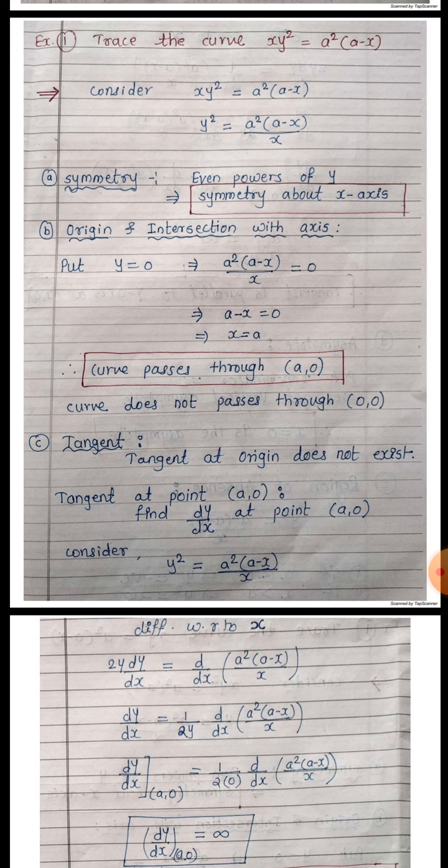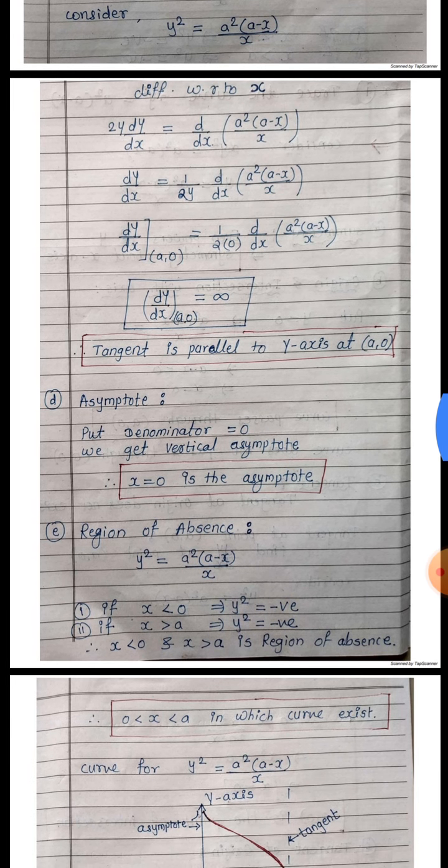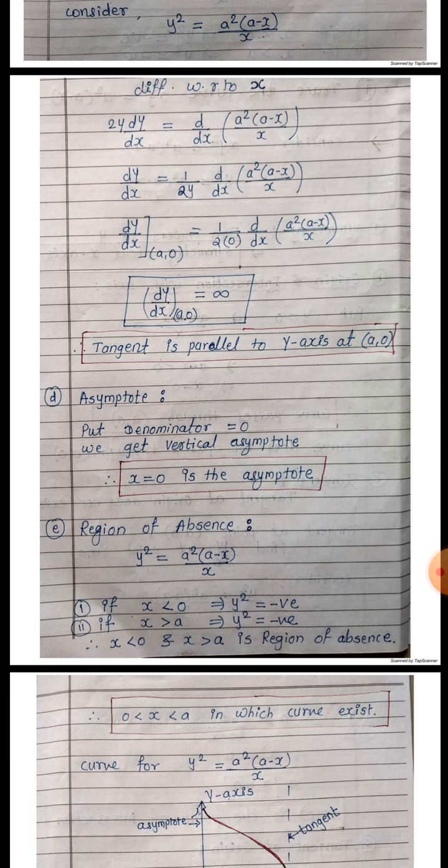For finding tangent at a point, we find the value of dy by dx. For this we consider the equation y square is equal to a square a minus x upon x. Now take the derivative with respect to x. Here the derivative of y square is 2y dy by dx, equal to the derivative of the RHS.